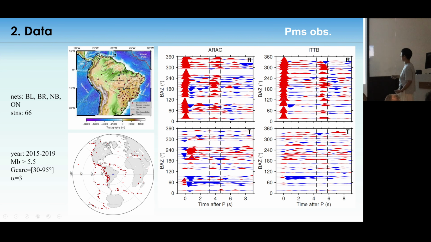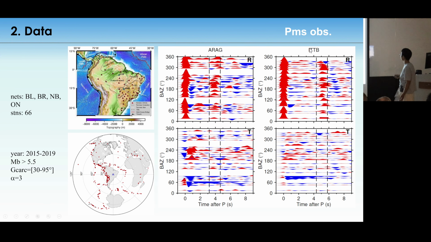Now take a look at the real observation for the ARAG station. We can see that the oscillation of the PMS is very obvious, and the energy on the T component is also visible.